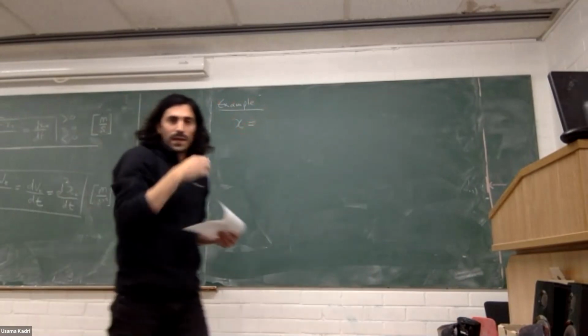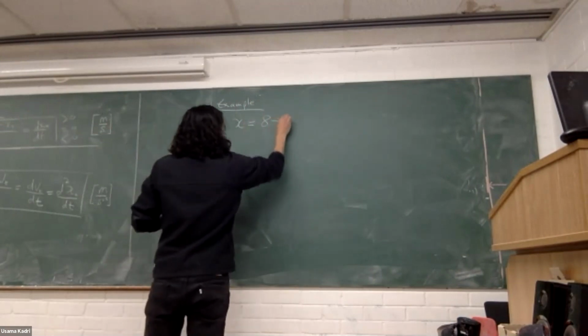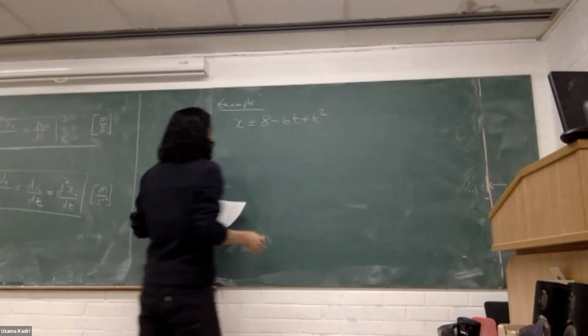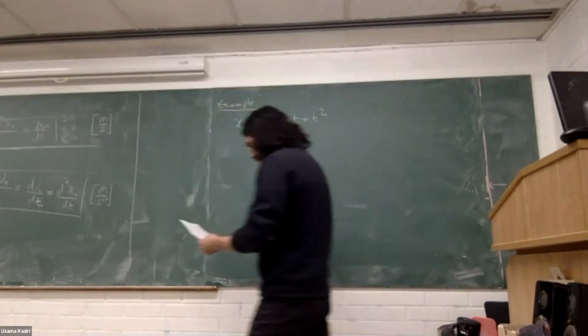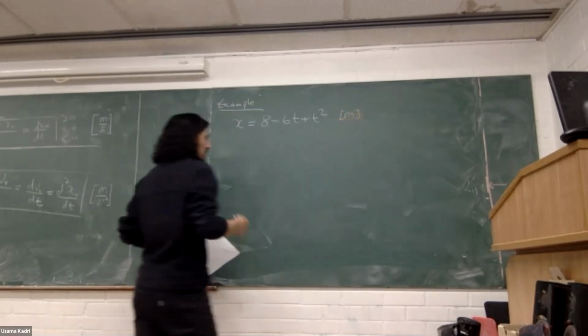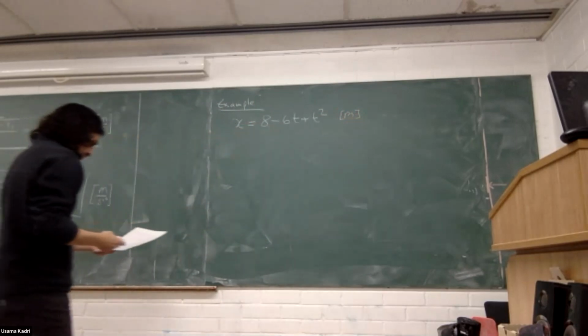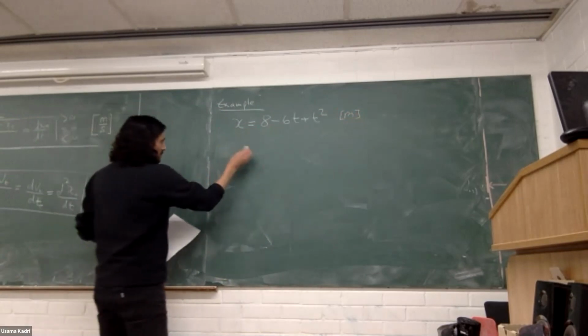We know x equals 8 minus 6t plus t squared, and this is in meters. So we know x at any time, the location of the object, which follows this function. All we want to know is, what is the velocity?